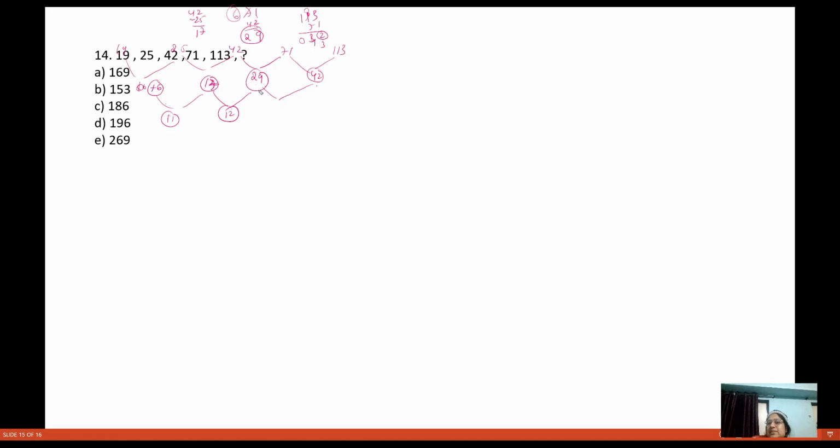Sorry, this difference is also 13 only. So this difference will obviously keep going to 14. So 14 is how much? 56. Fine. So now you have to add 56 here.